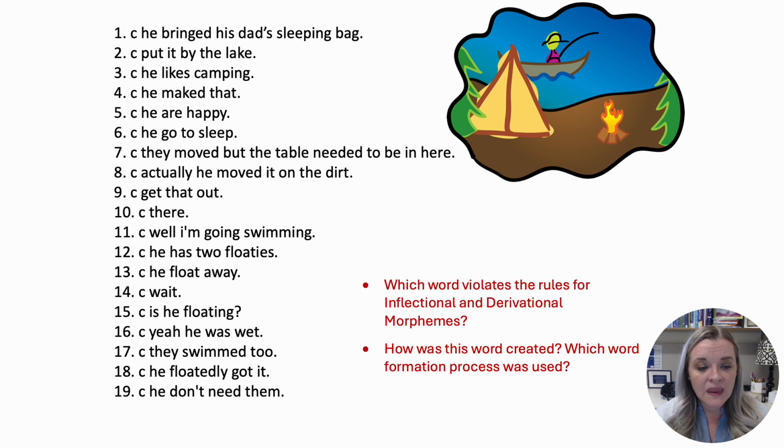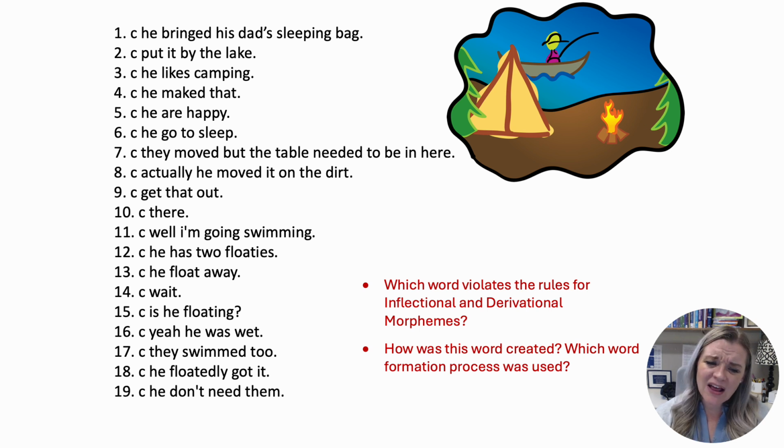Hopefully you found utterance number 18. It's he floatedly got it. Okay, and it's an example of a violation of the order of appearance because floated should be a verb, float plus the inflectional morpheme ed, the past tense morpheme, right?